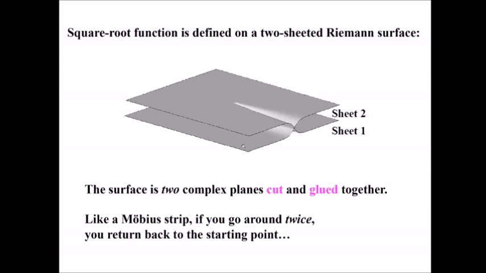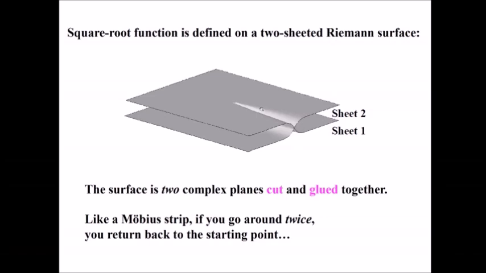If you're on this complex plane and you go around the branch point, you are on the other complex plane. And if you continue rotating, you go down to the first complex plane. So why are there two answers? It's because there are two complex planes, and if you go around twice, you come back to where you were.